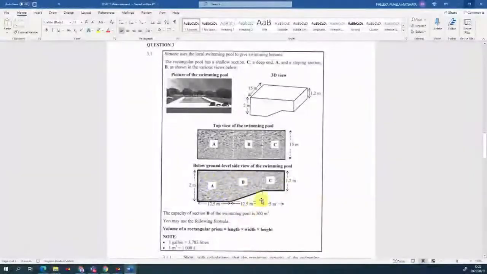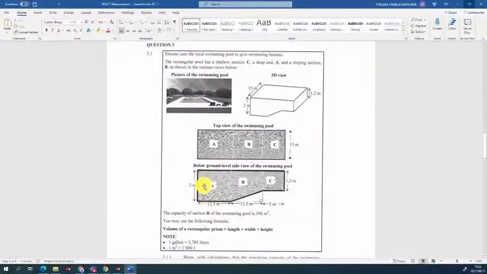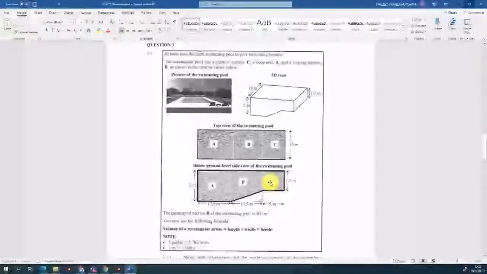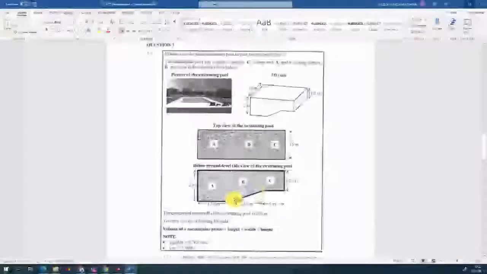A, B, C. And you can see if you dive in A, it's 2 meters, right? Most of us can't stand in it unless you're 2 meters and taller. But everyone will be able to stand at C, that's 1.2 meters. I'm sure you high school learners are all taller than 1.2, right?